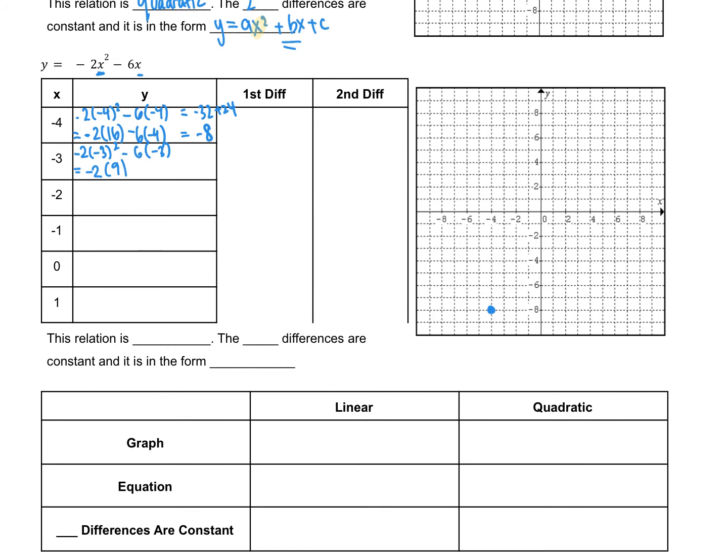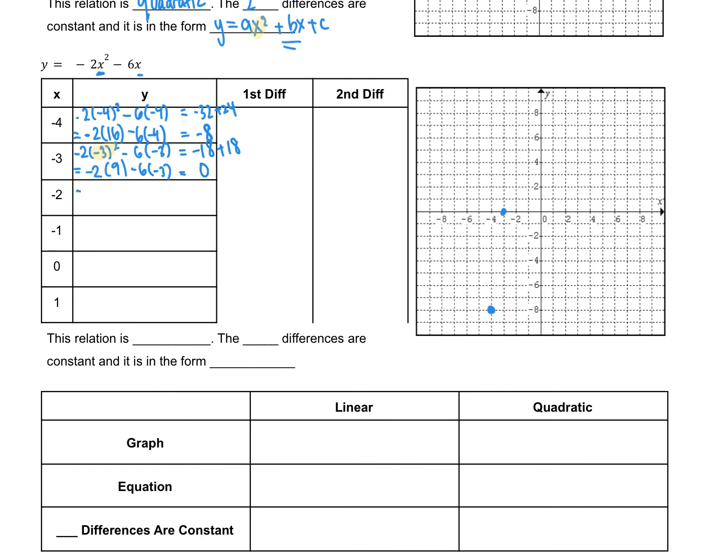So all I did this portion. And then the rest I'm going to rewrite. And then -2 times 9 is -18. And -6 times -3 is +18. So that gives me 0 when I add -18 plus 18. So when x equals -3, y equals 0.